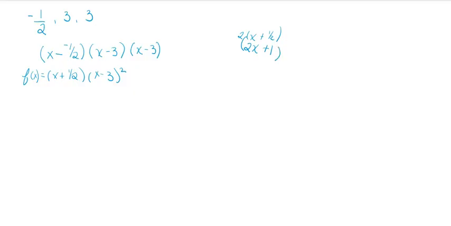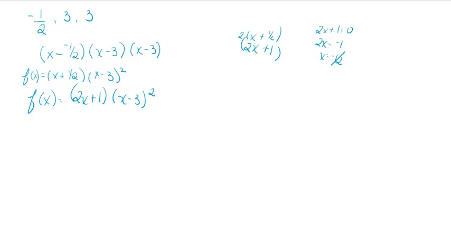This is really the same factor, because if I set 2x plus 1 equal to 0 and solve for x, 2x would equal negative 1, and x would equal negative 1/2. So it solves down to be the same thing, right? So I think I'd rather write it without a fraction. So I'm going to write f of x equals 2x plus 1 as one of my factors, and then x minus 3 squared as my other two factors.